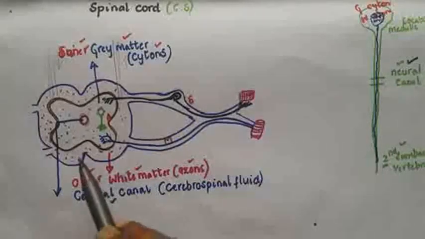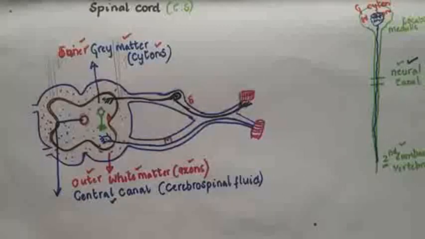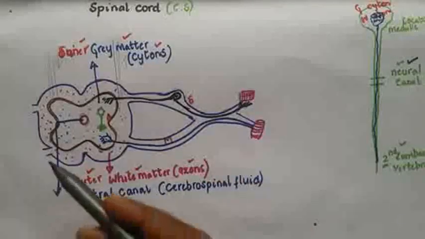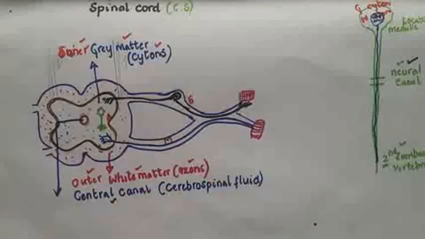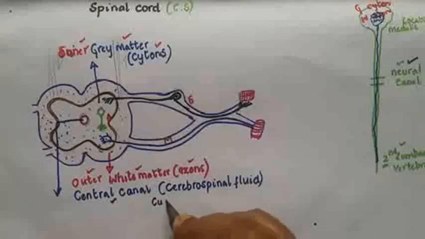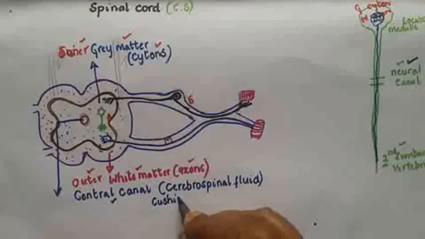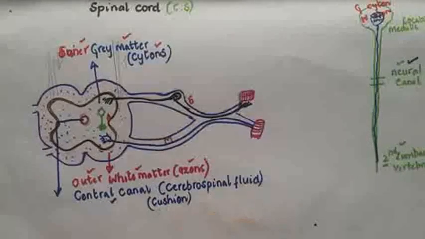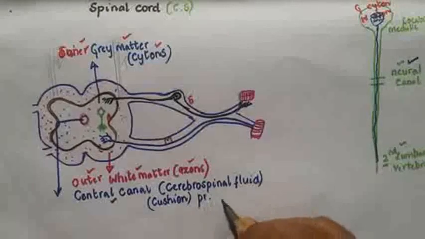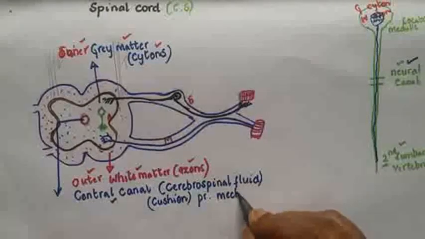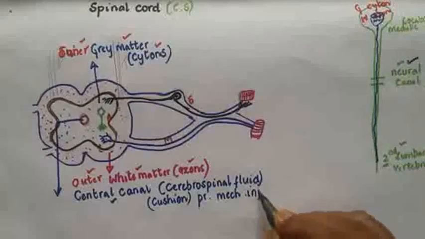It helps in the exchange of respiratory gases. It provides nutrients to the nerve cells, removes the metabolic waste from the nerve cells, and also, if you remember, it acts as a cushion. It acts as a cushion to protect the spinal cord from mechanical injuries.